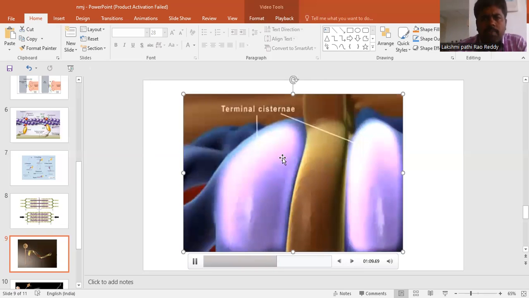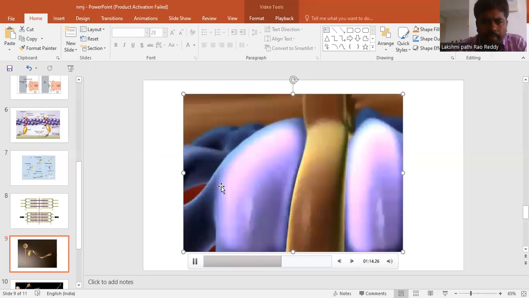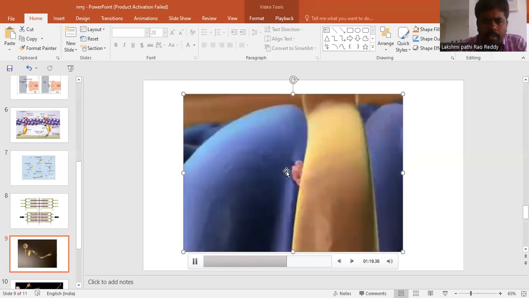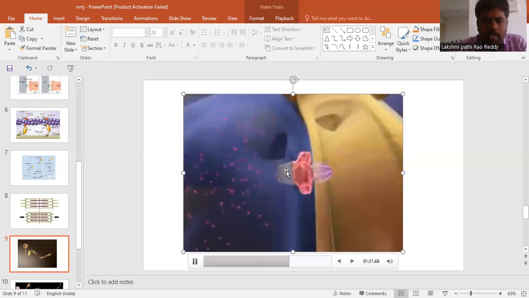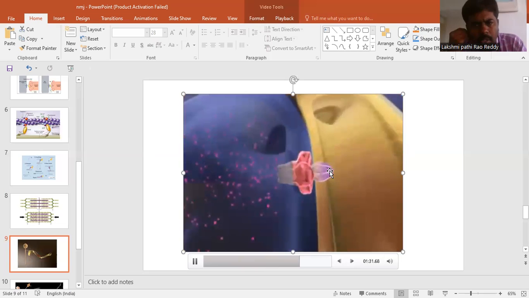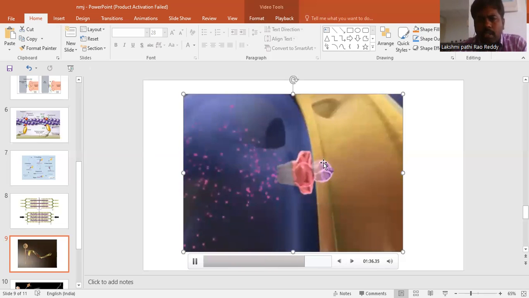So this is the terminal system. We also call it triads. These are the T tubules, and these are the two triads. As we discussed, these are the dihydropyridine receptors, the voltage sensitive protein.